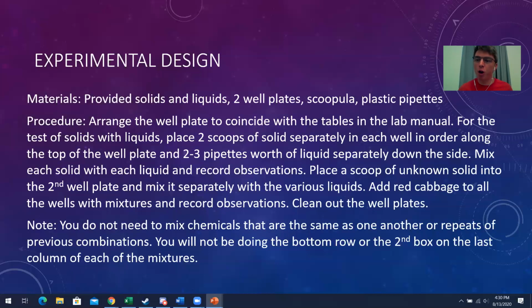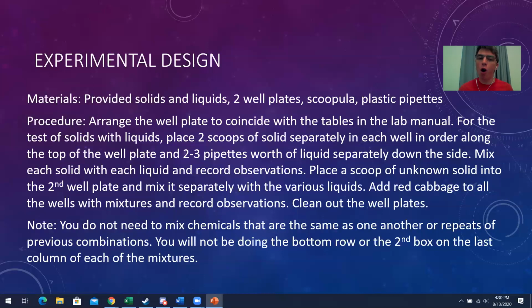So once we've measured all of our knowns, solids and liquids, we'll do the exact same thing with the unknown. We'll look at it by itself initially, see if it's got any characteristics we could use to identify it. And then we'll mix it with all of our liquids the exact same way we did with the known samples. We'll write down any observations we have from that. We will then add the red cabbage extract to it and get a whole bunch of pretty colors.